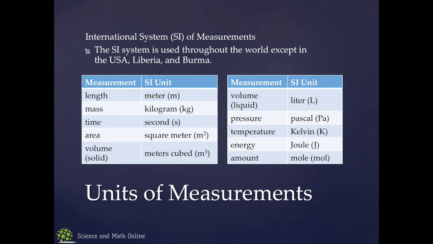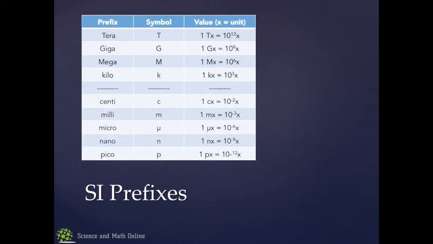Okay, key thing to the SI unit is that it uses prefixes. And so these prefixes always mean the exact same thing, always. So the way I like to think about it is 1 kilogram is 1,000 grams, or 10 to the third grams. 1 kilometer is 1,000 meters. 1 kilosecond would be 1,000 seconds.